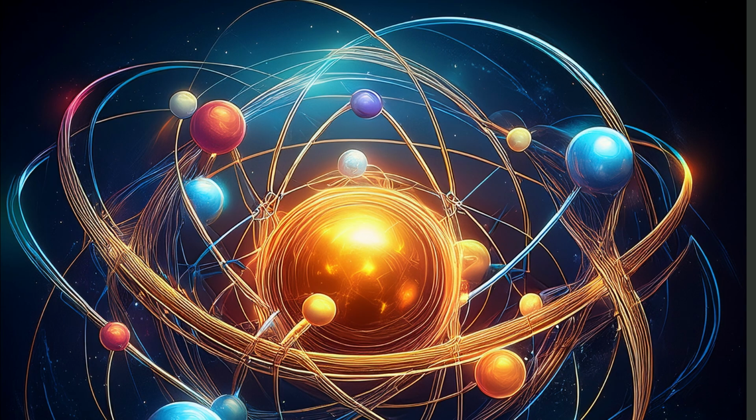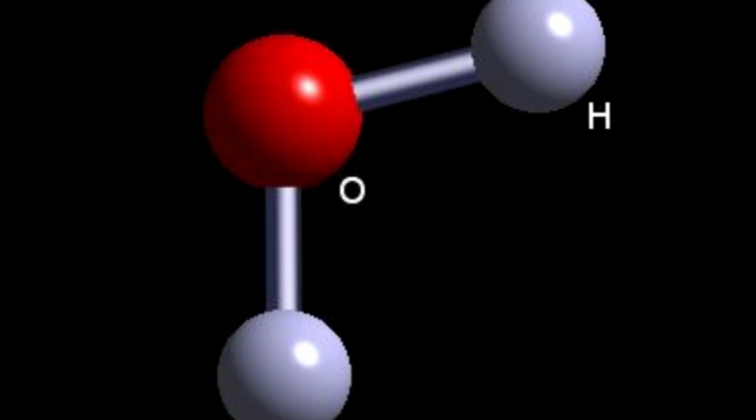We define the elements combined in a specific fixed form. For example, water is identified as H2O. The H2 symbolizes two hydrogen atoms, and the O symbolizes one oxygen atom.